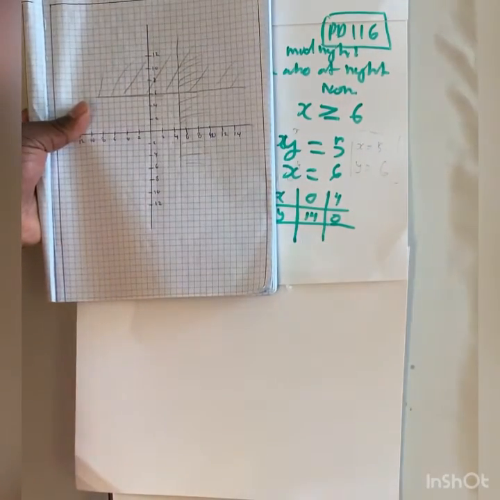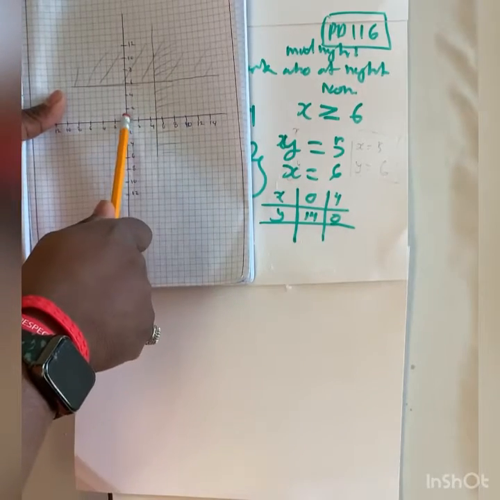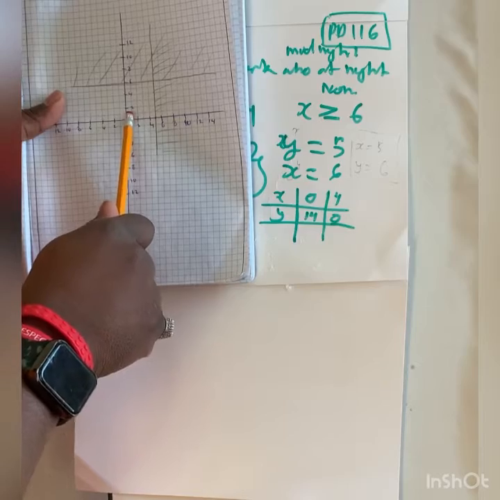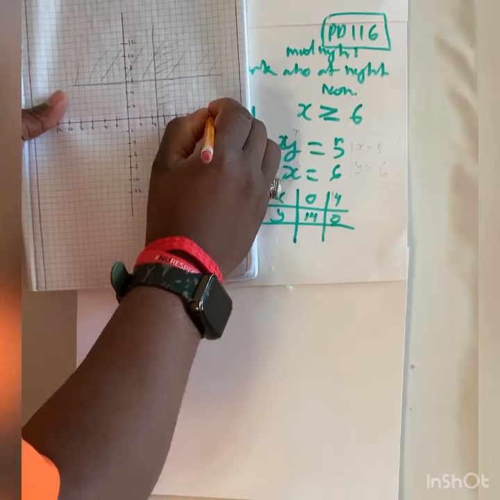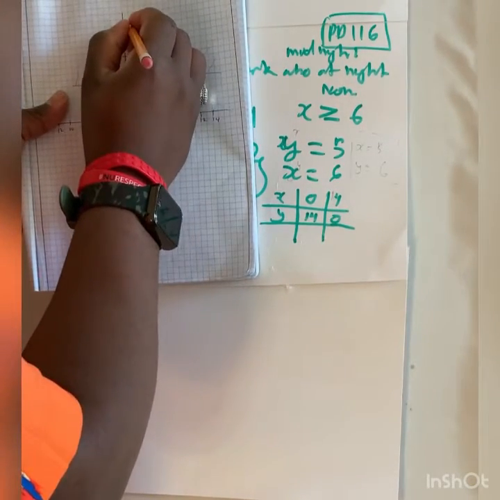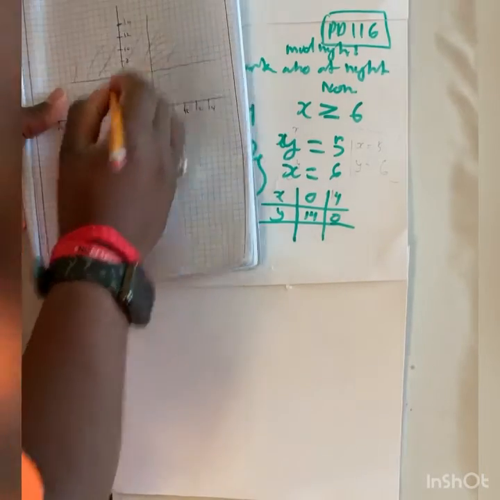And then they say when X is 0, Y is 14. So it's here, I think it should be here, 14. This is the point.